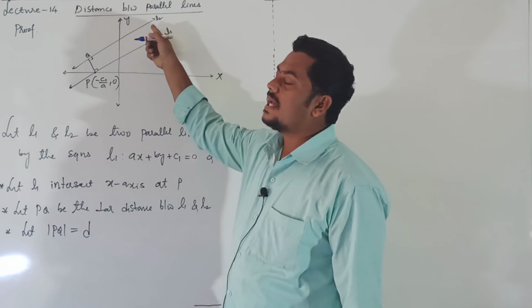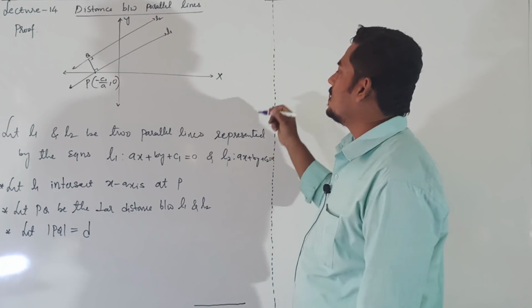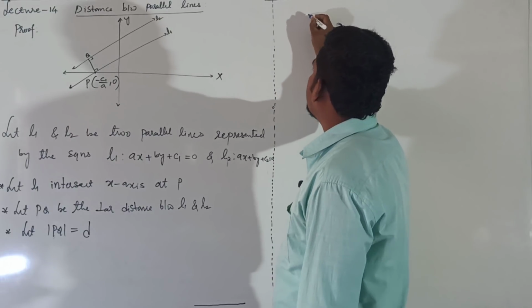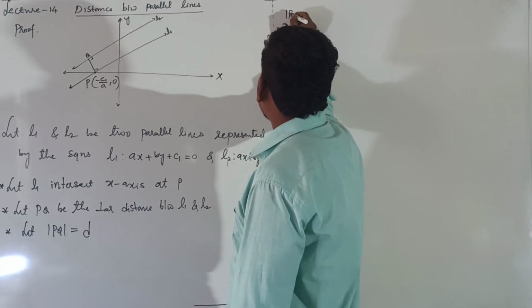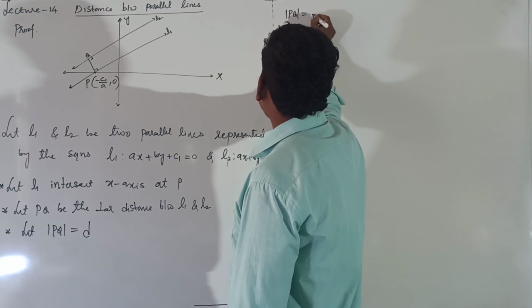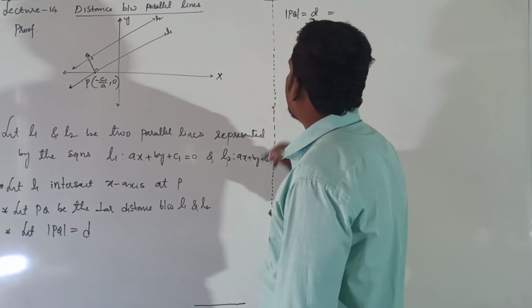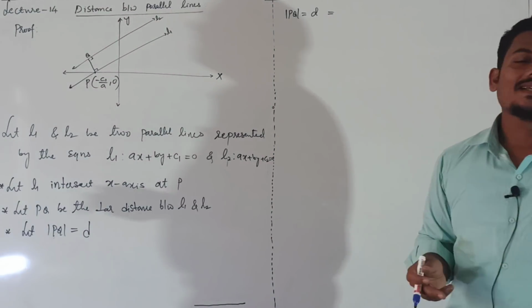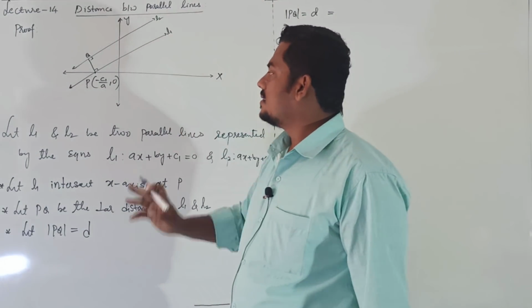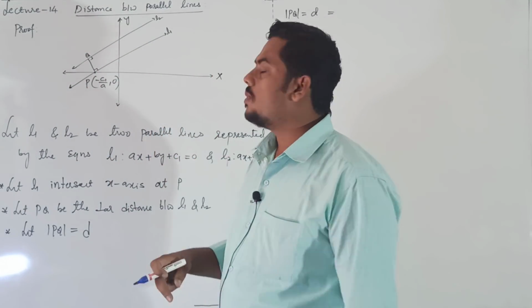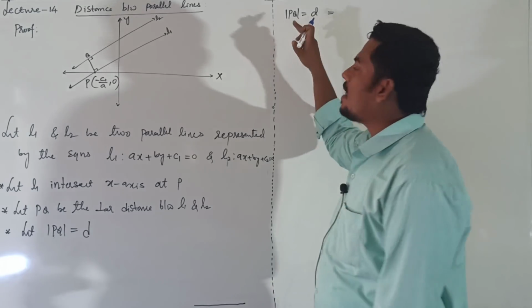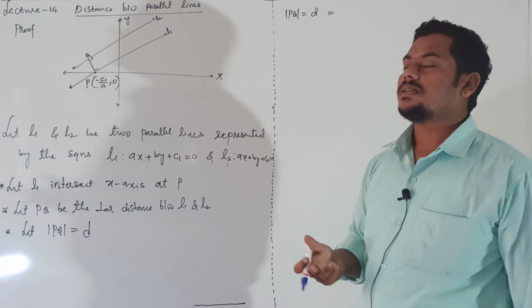Distance between L1 and L2 is the magnitude of PQ, or else D is equal to. What is D? Just look at this figure. Distance D, PQ, is nothing but the distance between two parallel lines. Magnitude of PQ means length of PQ, right?